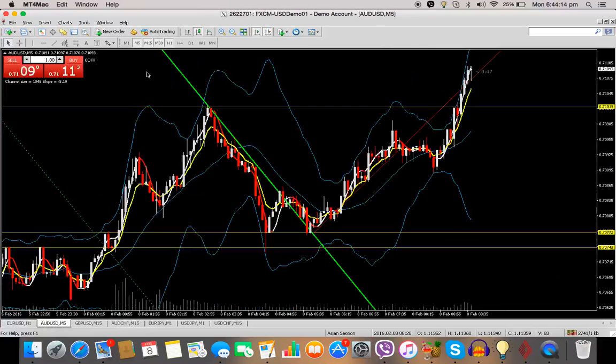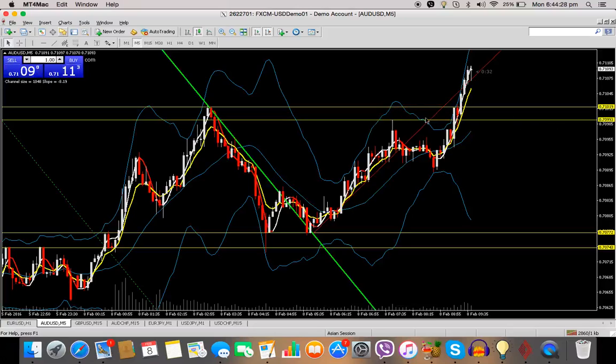Okay, see AUD USD. Here I could have said initially, say for instance, none of this happened. We're on a 5-minute chart. I would have drawn a line in here. Okay, this went above. Actually, notice how this was the following resistance line that you could have drawn one in.